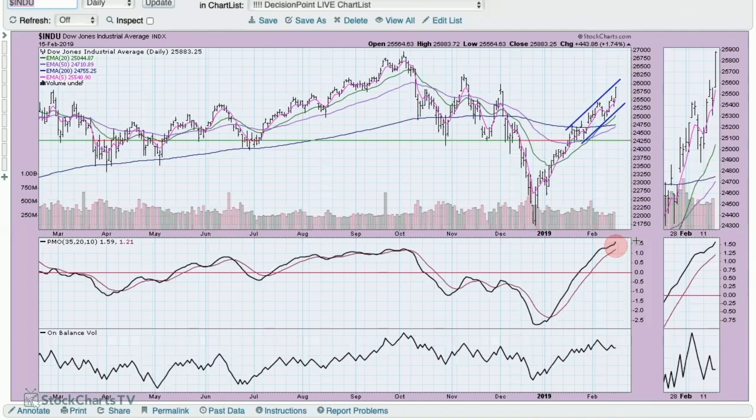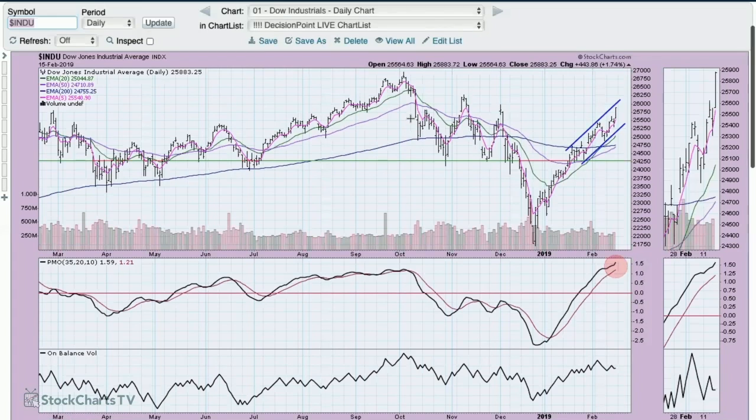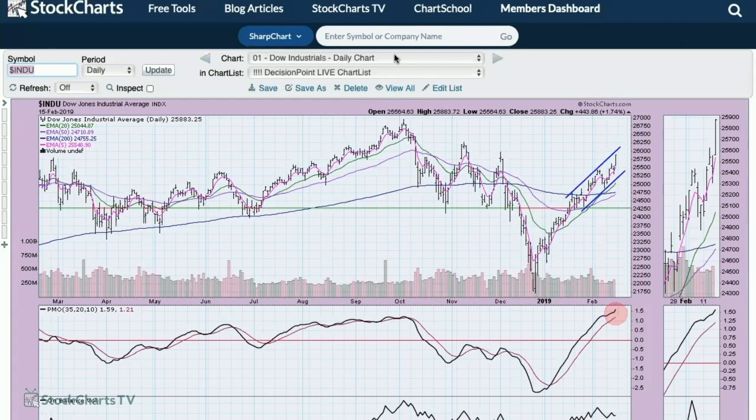If we're not in a bear market situation, we usually look for a PMO to get right around 2. But the fact that it's starting to move up parabolically, and it's almost straight up and down when you look at it outside of the thumbnail, that gives me pause. It just seems like we're moving very overbought very quickly, and that concerns me.